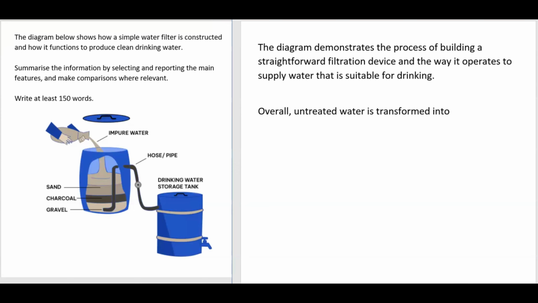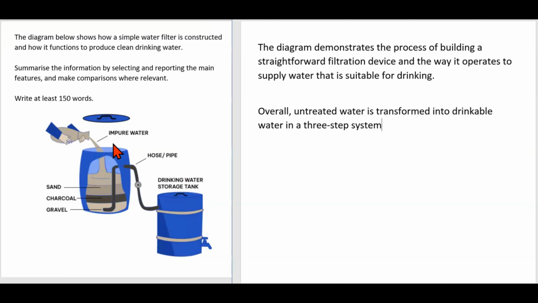Transformed into here, drinking water. Okay, so instead of drinking water, we can write drinkable water. Just a slight variation here. Drinkable water in a three-step system.